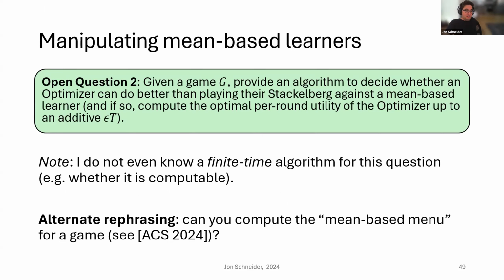And one interesting thing here is I don't even know a finite time algorithm for this question, like whether it's computable. Almost definitely some sort of algorithm exists, but it's hard to put a bound on the maximum time horizon you need to consider, for example. And another rephrasing in this menu language is, can you compute the mean-based menu for a game? And we say a little bit about this in this recent paper.